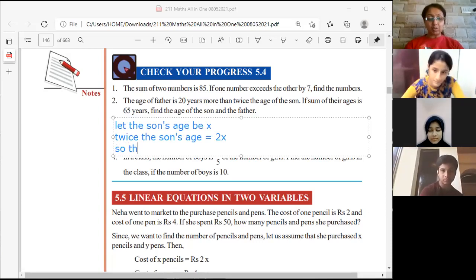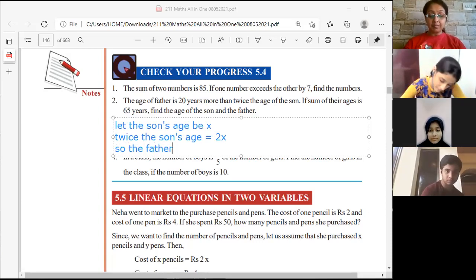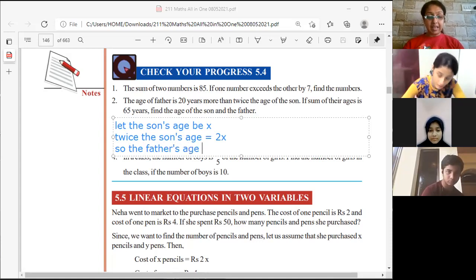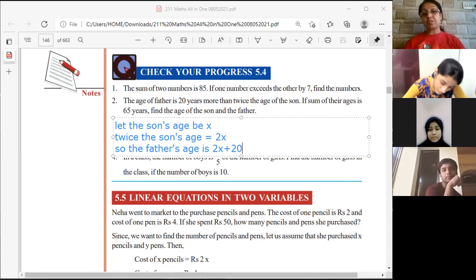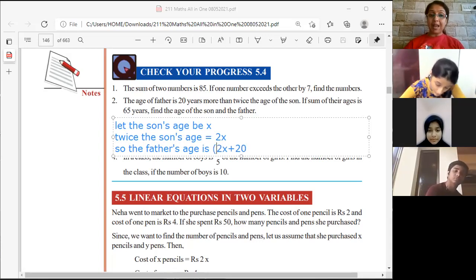So the father's age is 20 years more than twice the age of the son. Twice the age of the son is 2x, 20 years more, so 2x plus 20. Am I right? Let me put this in a bracket so that I know this is the father's age.